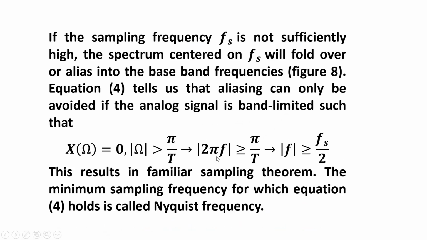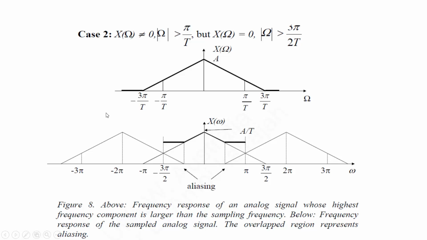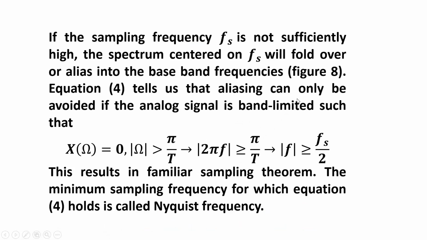That's what is said in this equation: the analog spectrum should be equal to 0 for modulus of omega greater than pi by T, that is, beyond minus pi by T on the negative side and beyond pi by T on the positive side. This results in the familiar sampling theorem. The minimum sampling frequency for which equation 4 holds is called the Nyquist frequency.